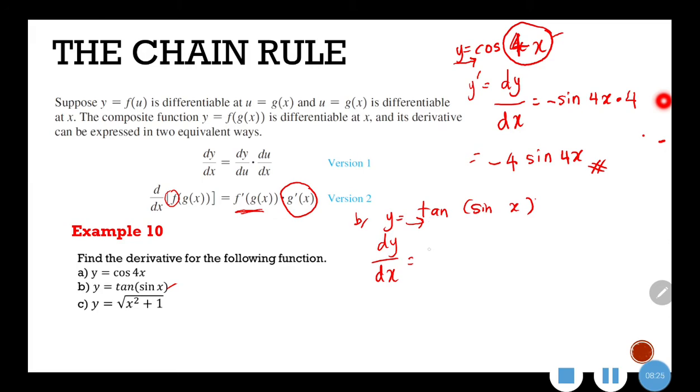Differentiate tan and you will get sec squared, and rewrite back the second function, g(x) is sin x, and you should differentiate g(x) to be g prime x. So differentiate sin x, you will get cos x. Okay, easy peasy, right?